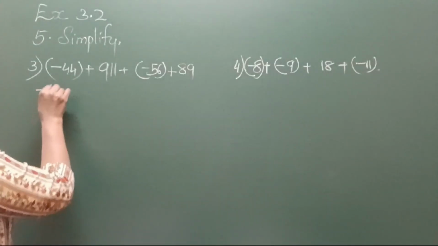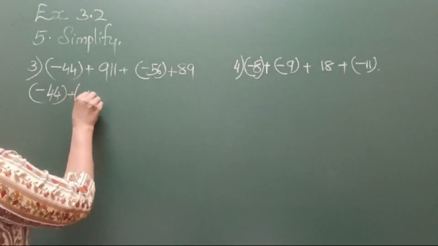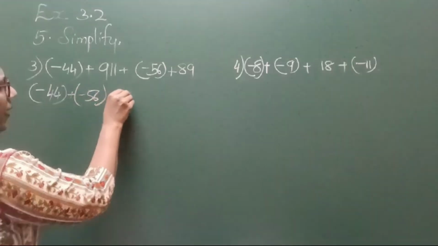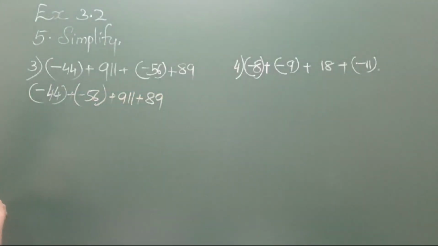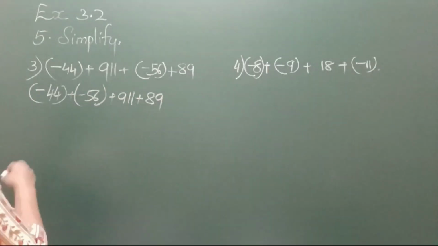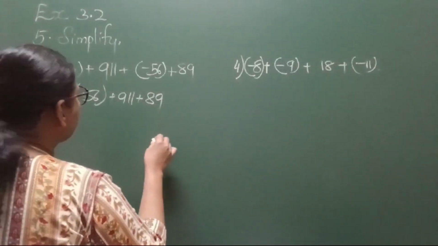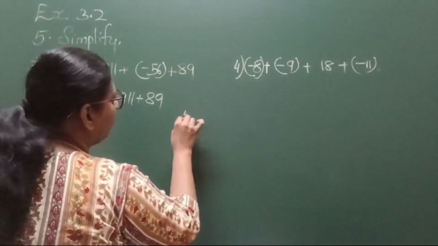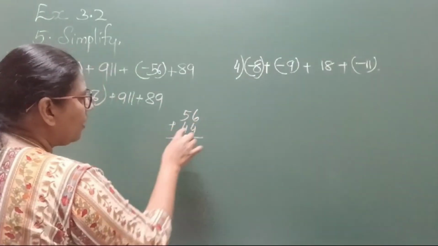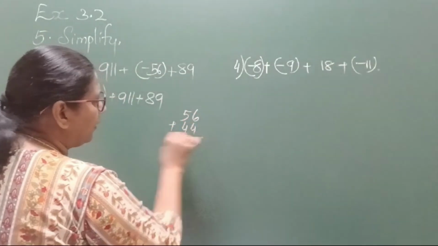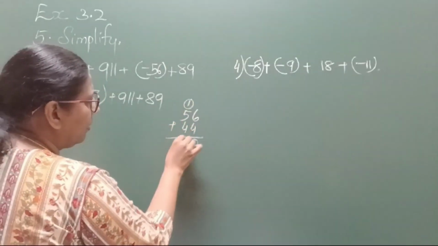Minus 44 plus minus 56. 56 plus 44. 6 plus 4 is equal to 10. 1 balance, 1 plus 5, 6 plus 4, 10.